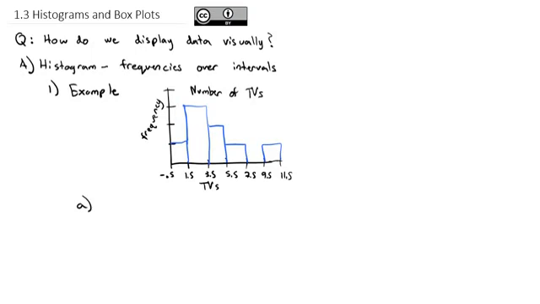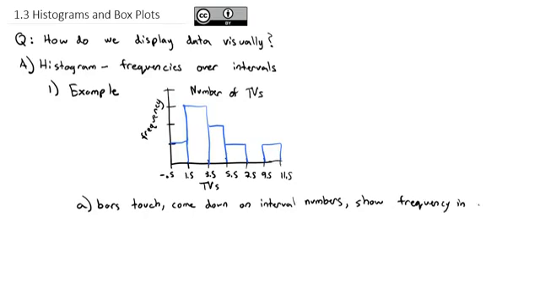A couple things that I want to note. The bars on a histogram touch. They come down on the interval numbers. Not in between, but right on those numbers I labeled. And they show frequency in a range.